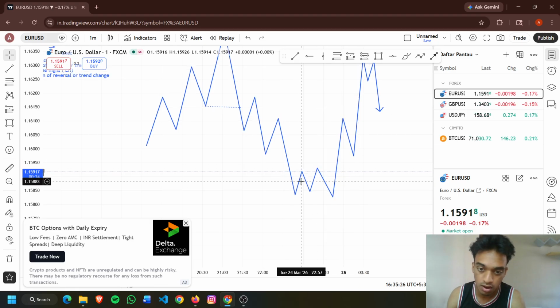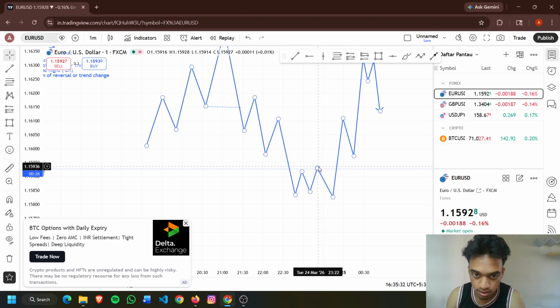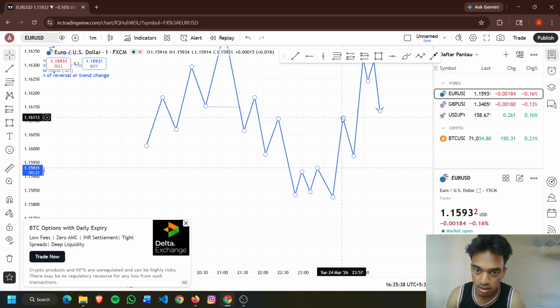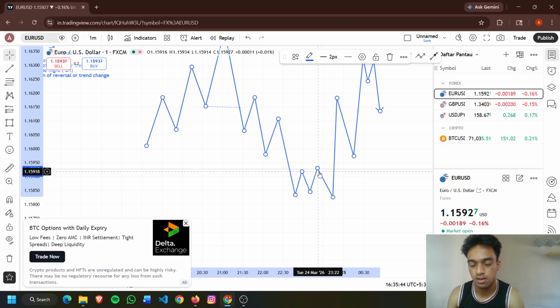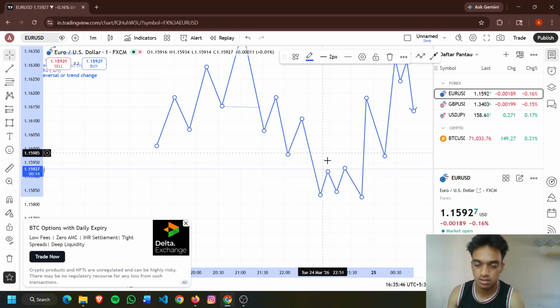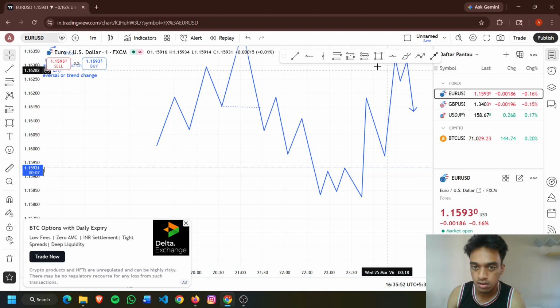So this is how the market is actually moving. It just consolidated and then created a lower low. Then this became the lower high actually, or else you can consider this as a lower high also if you don't want to consider this as a consolidating market. And then over here the market structure has shifted.